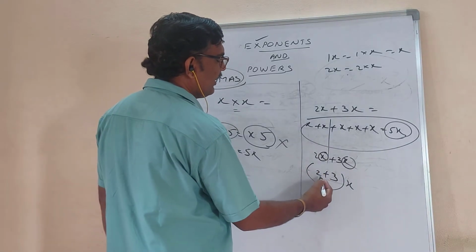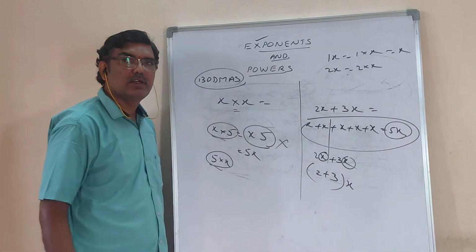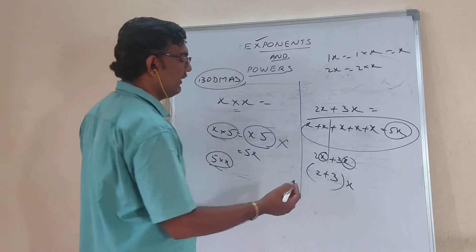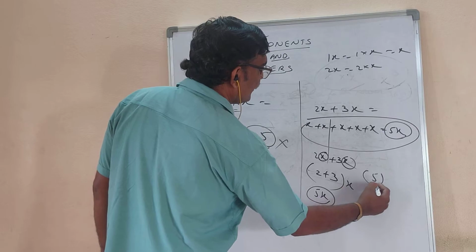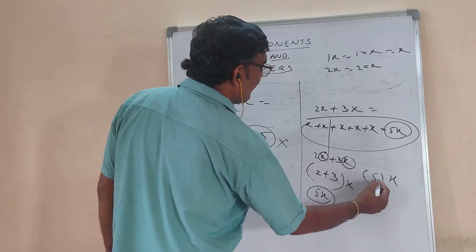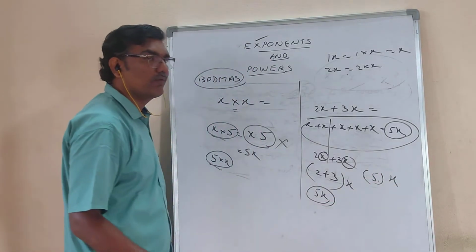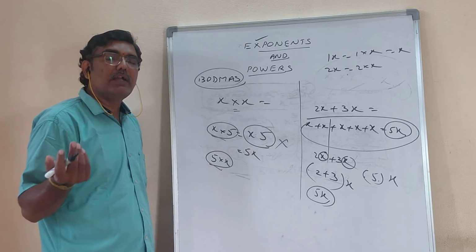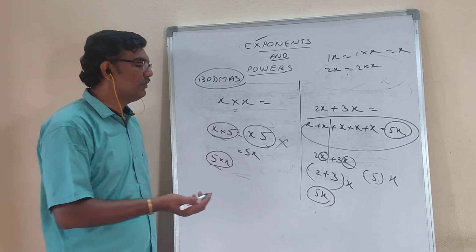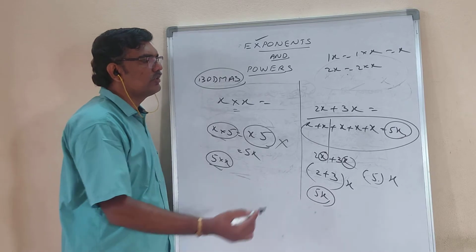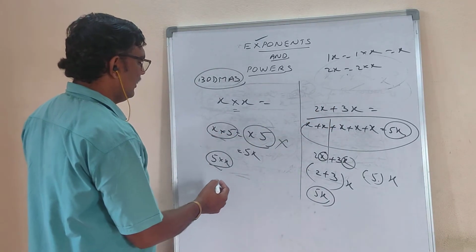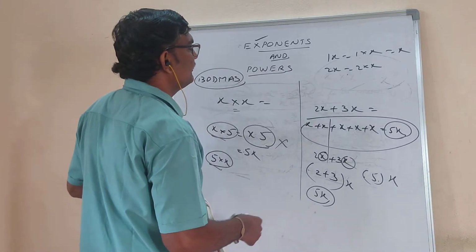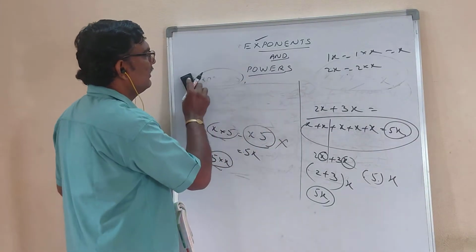Within the brackets, what do you have here? 2 plus 3. What is 2 plus 3? 5. 5x. So after 5, if you keep brackets like this, 5 times x, 5 into x. 5 times x is nothing but 5x only. So you have to write 5x. So 2x plus 3x, you can add it. Now, I am saying here another example.